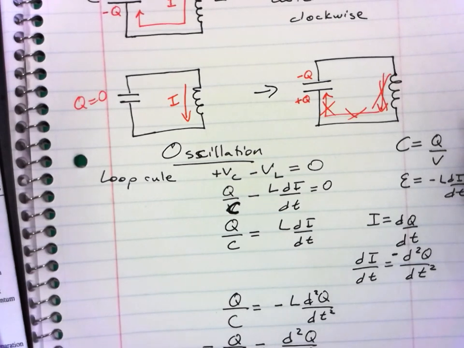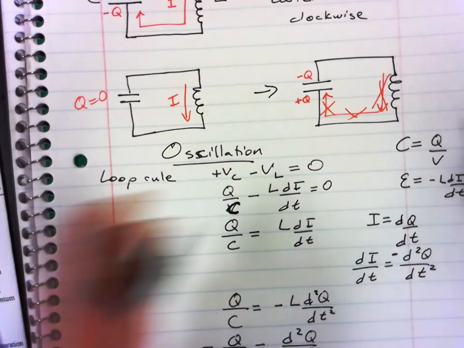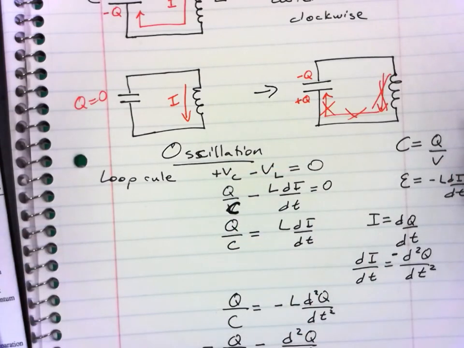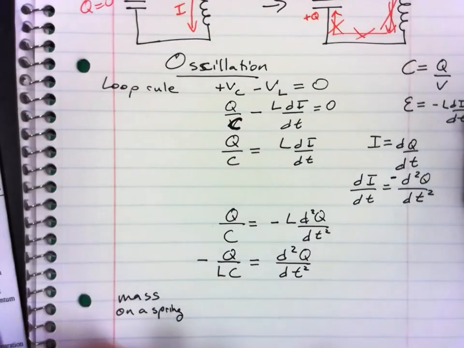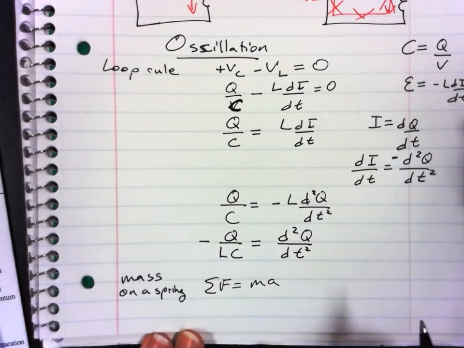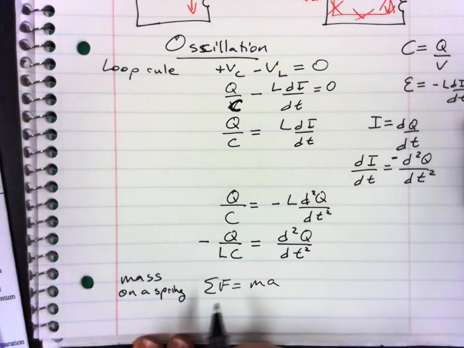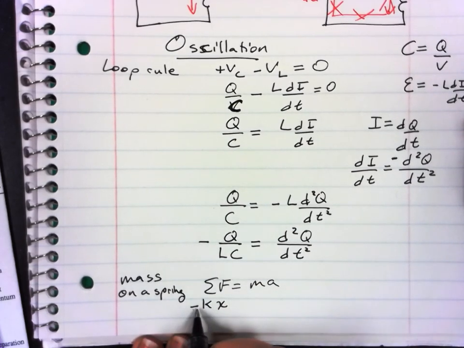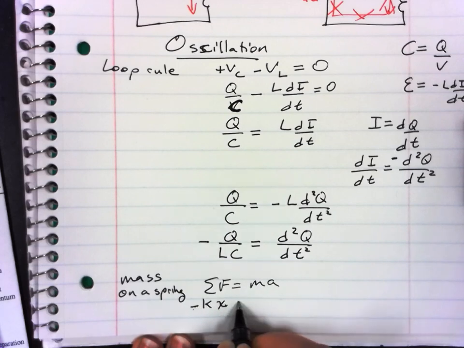If you have a mass on a spring, you know the mass oscillates back and forth, because the spring force depends on the displacement. So if we do Newton's second law, net force equals mass times acceleration, the force from a spring is negative kx, and it's negative because it's in the opposite direction of the displacement.